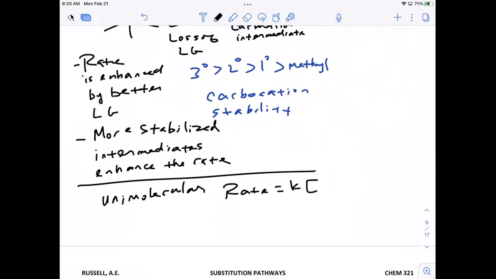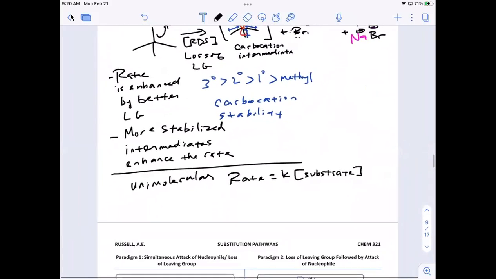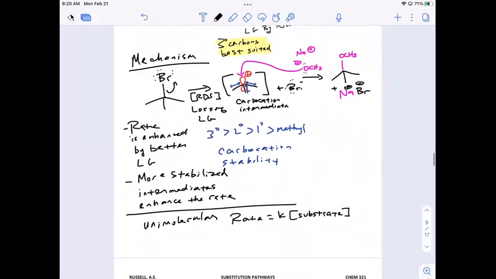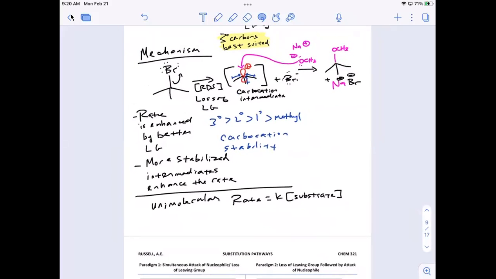So k times the concentration of the substrate. Nucleophile doesn't matter. You can have a horrible nucleophile. That does not change the rate. You can dump in gallons of the nucleophile. That's not going to change the rate. The rate is going to be controlled by how fast the leaving group departs and how stable the carbocation intermediate is. All right. Any questions so far?